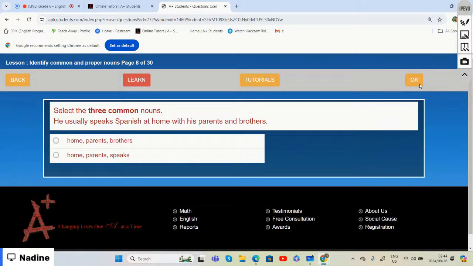We need to select the three common nouns. Is it option one, home, parents, brothers, or option two, home, parents, speak? Three common nouns.